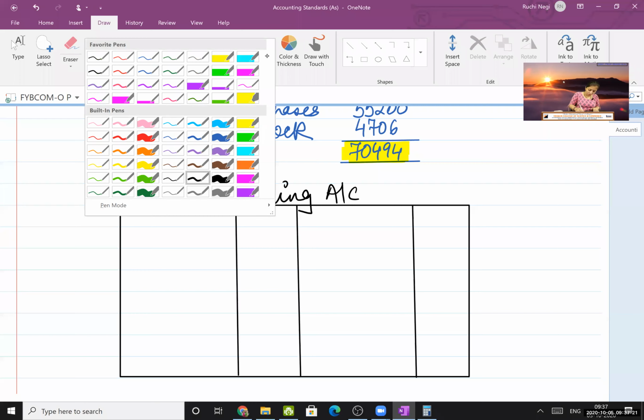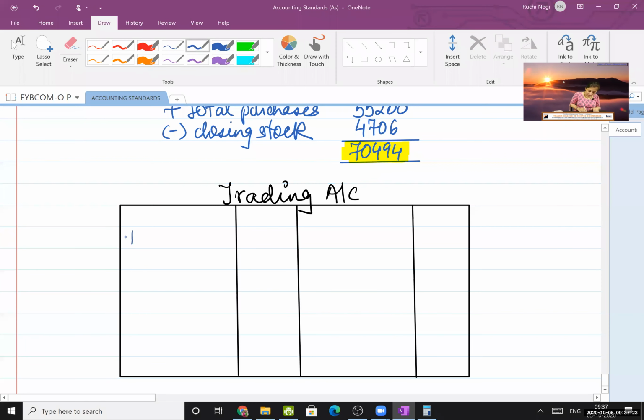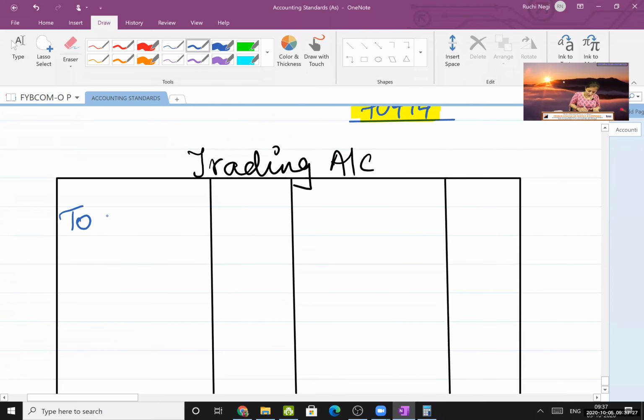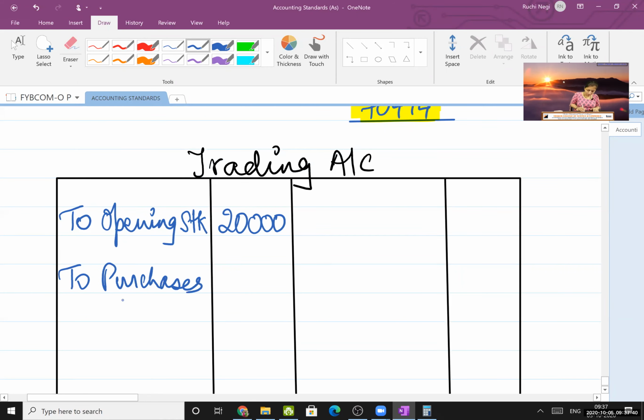Start with opening stock. So write here: to opening stock 20,000, to purchases. That is, to total purchases, obviously 55,200.